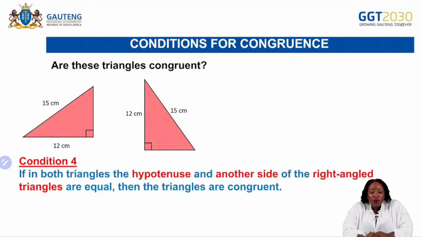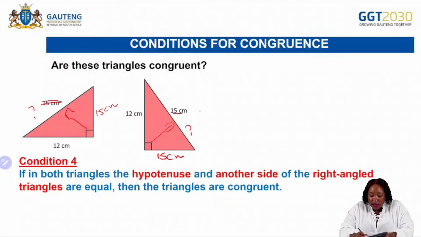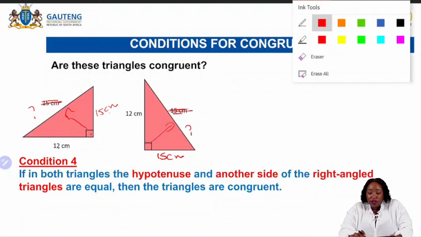The right angle will always be opposite the hypotenuse. Therefore, the only time you can use side angle side is if you are given this, maybe this 15 centimeters was here, and you didn't know what the hypotenuse was. That would work. Make sense? If you didn't know what the hypotenuse was, let's say it wasn't there, then you could use side angle side, because it would be side angle side.